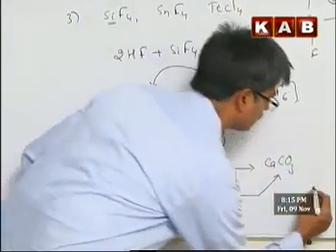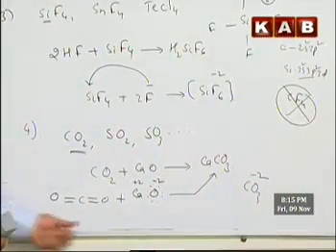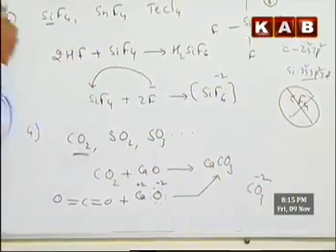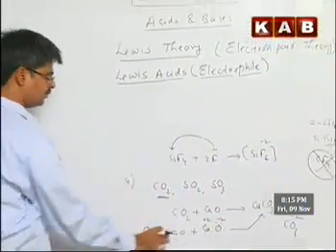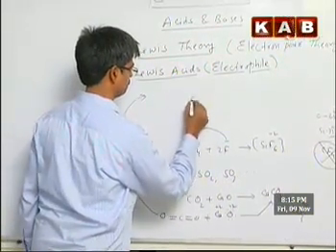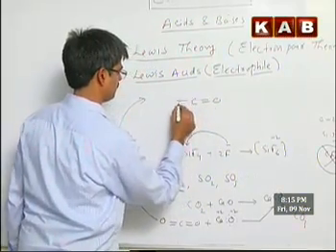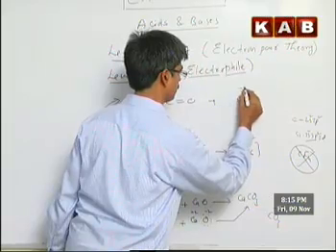That implies it is forming CO3 2 minus ion there. Let us take this reaction once again particularly now. So I am writing this reaction here, which is CO2 and then calcium oxide. I am taking only the oxide ion of the calcium oxide.